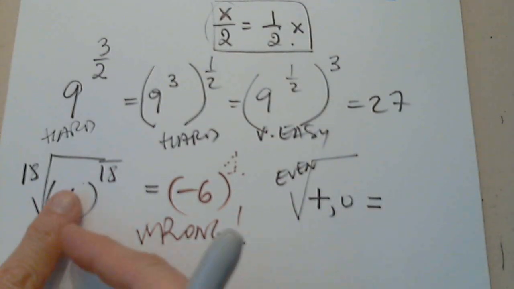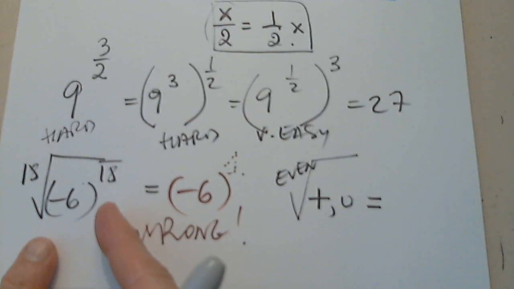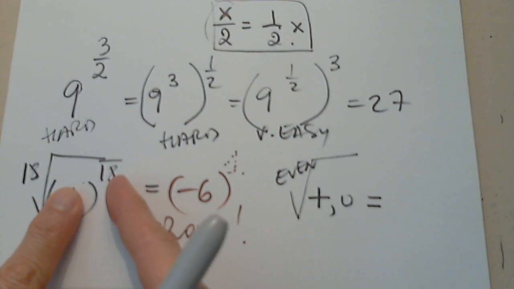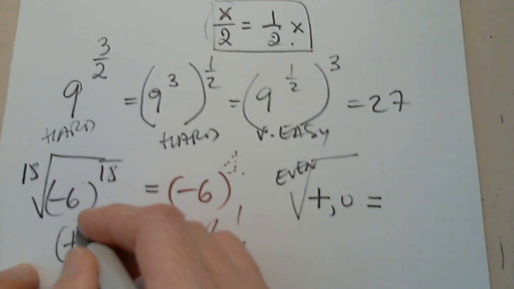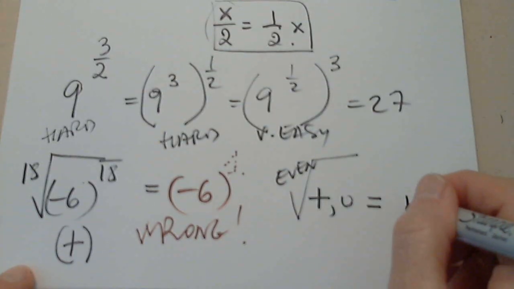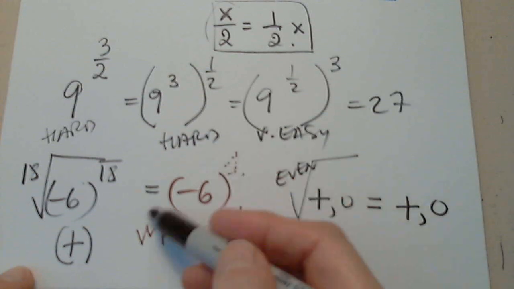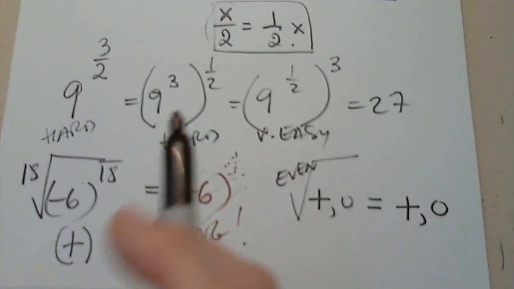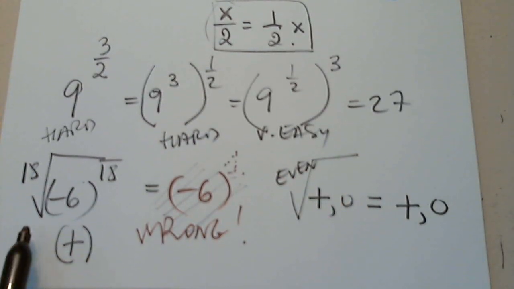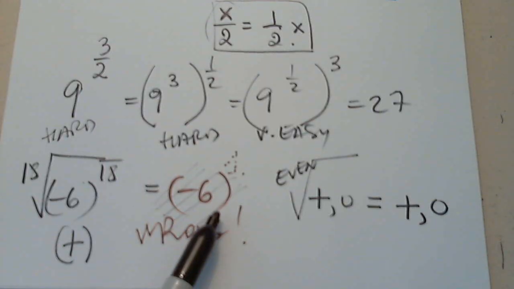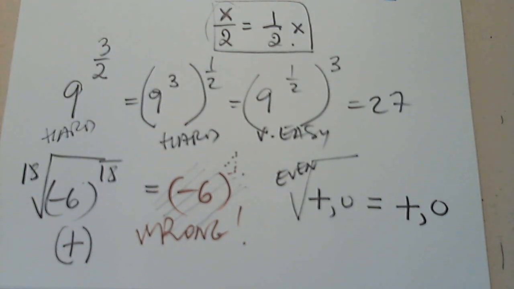This is positive. Although it looks negative, but it's not. A negative number raised to an even power is a positive number. But also the answer has to be positive or 0. This is not acceptable. So the 18th root can never be negative unless there is a minus in front, but there isn't.